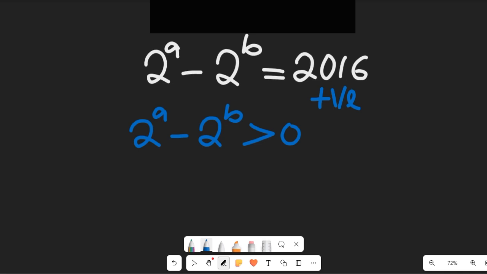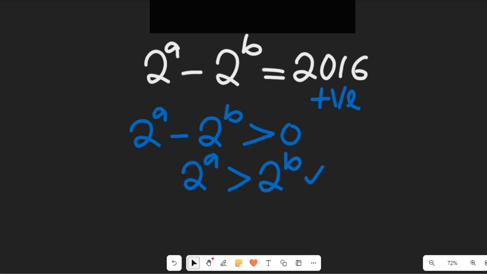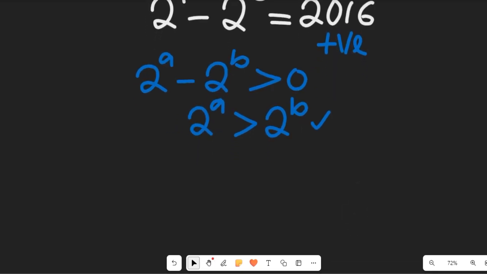Good. Now, if 2 to the power of a minus 2 to the power of b is greater than 0, I can simply say that 2 to the power of a is greater than 2 to the power of b, right?